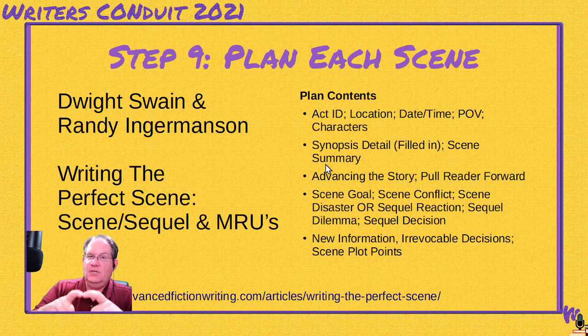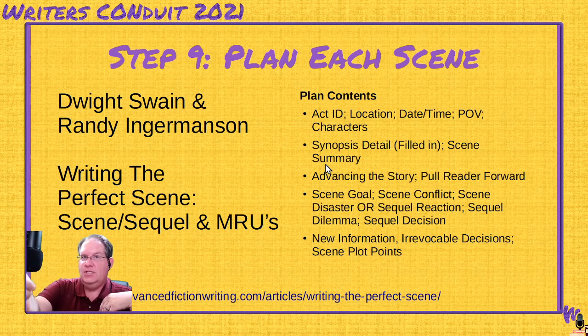Each post-it note, each card, or each row in my spreadsheet is what you can do, and you can post it, and you know what's going to happen in that scene. On that card you have your location, your date, your point of view characters, your synopsis, how it advances the story, the scene goal, scene conflict, scene disaster, or the sequel reaction, sequel dilemma, or sequel decision.